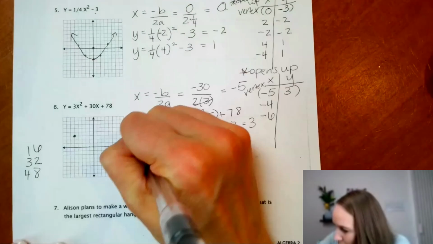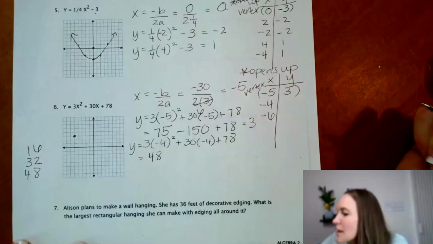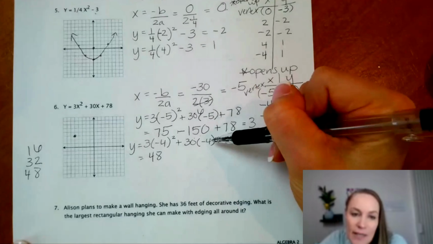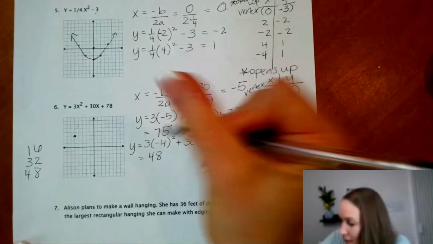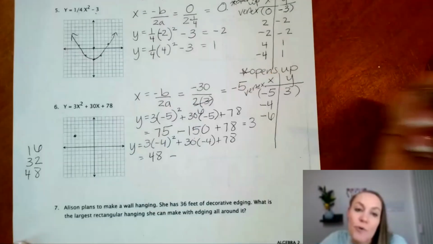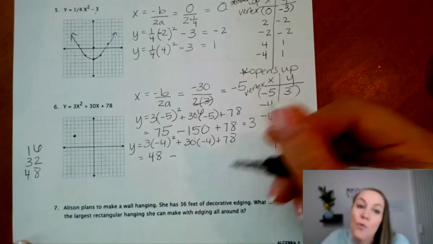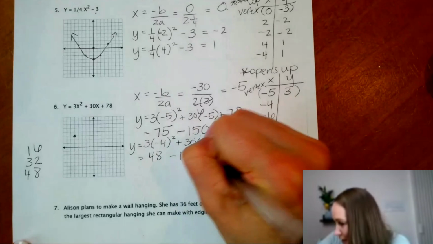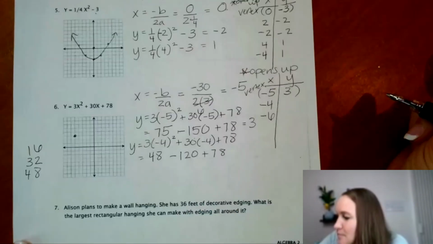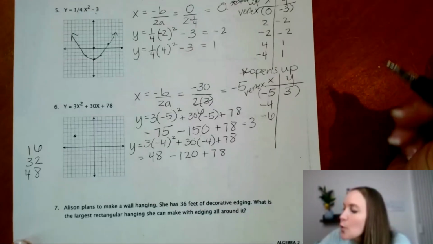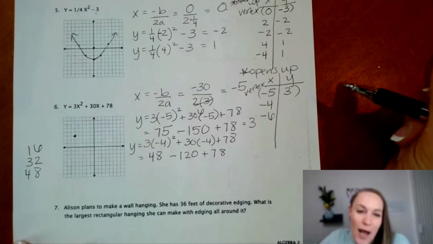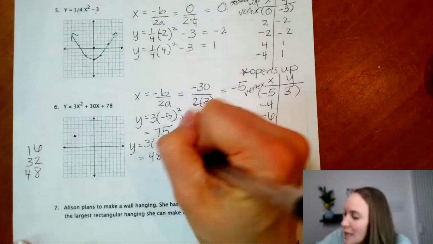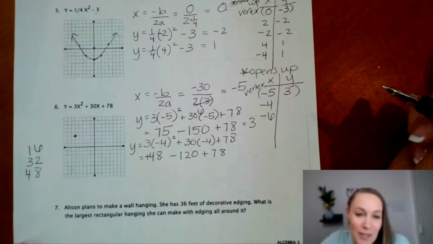So I have 48, and then I have 30 times -4. Positive times a negative is a negative. And then I have 3 times 4 is 12. Add a 0, 120. And then I have plus 78. Okay, so I have a positive 48. I'm just going to remind myself by putting a plus right there.